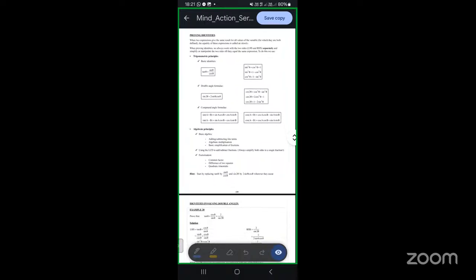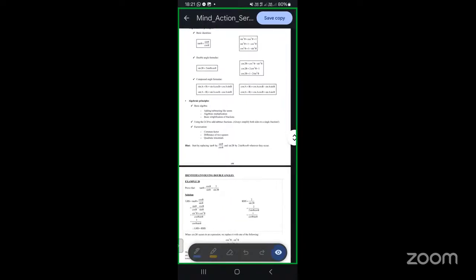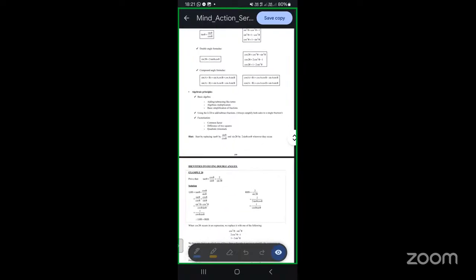So what they did here, they changed that tan into sine over cos, and then they simplified the left-hand side, and then it gave them this. This is what they got. One might be shocked when getting this, and be like, why is this not equal to that?